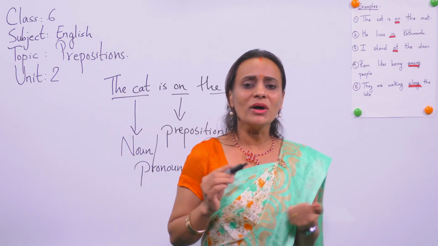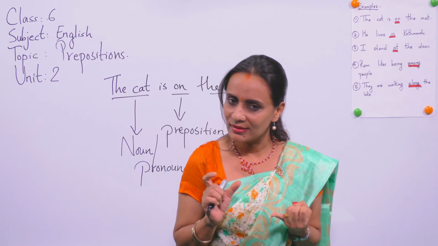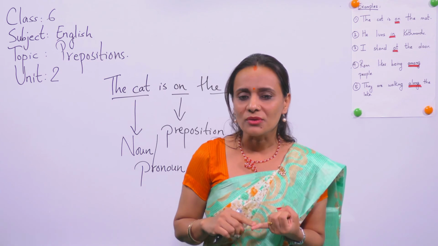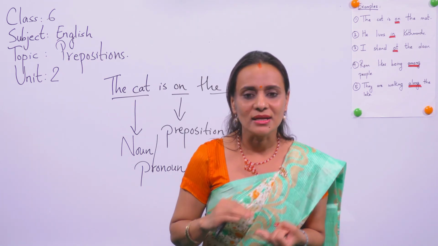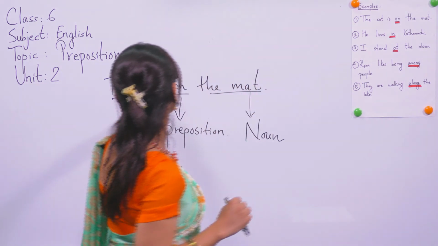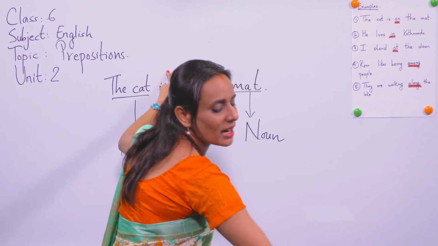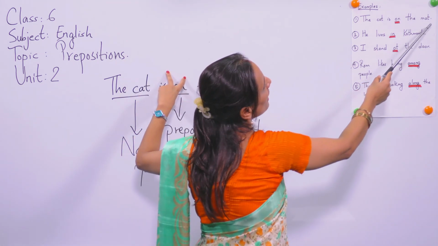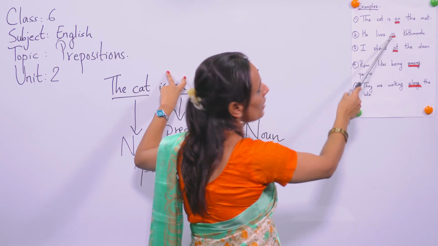So, what can we say? Prepositions are the short words in the sentences and they show the relationship between the noun or the pronoun in the sentence. And these prepositions are generally placed before the noun or the pronoun in the sentence.